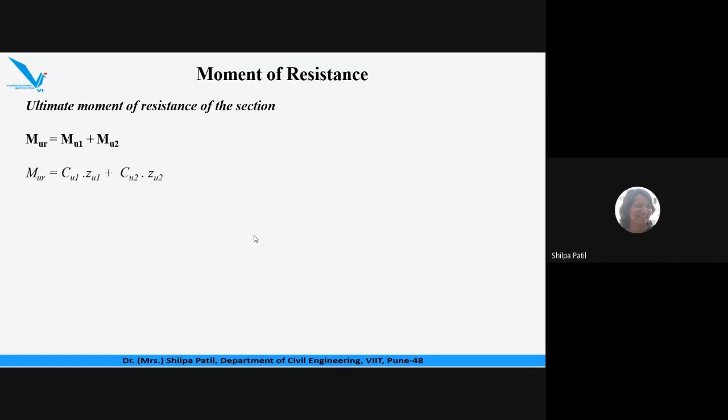So again, either we have to use the expression Cu1 into Zu1 plus Cu2 into Zu2, or Tu1 into Zu1 plus Tu2 into Zu2. Obviously, for doubly reinforced section or any beam in limit state of collapse, the final failure is considered as a failure of a concrete only. So for doubly reinforced section, we consider the expression for moment of resistance by this formula only, that is Cu1 into Zu1 plus Cu2 into Zu2.